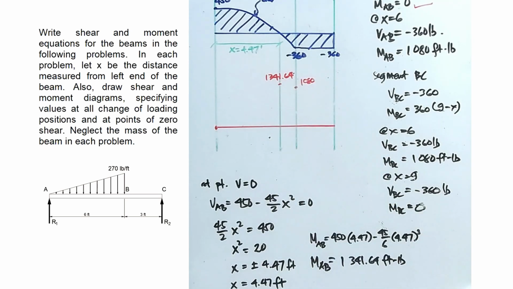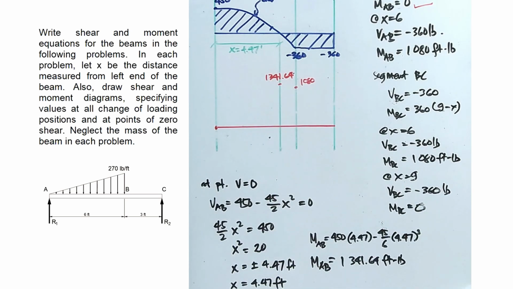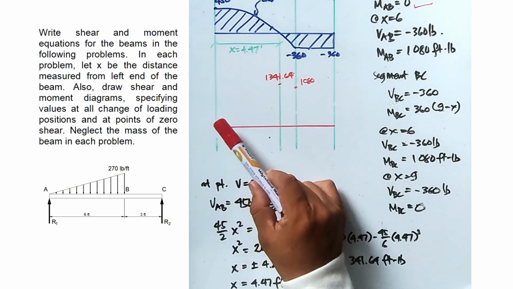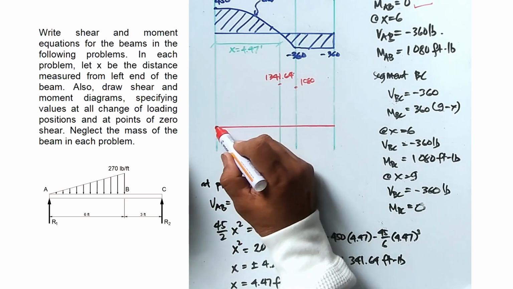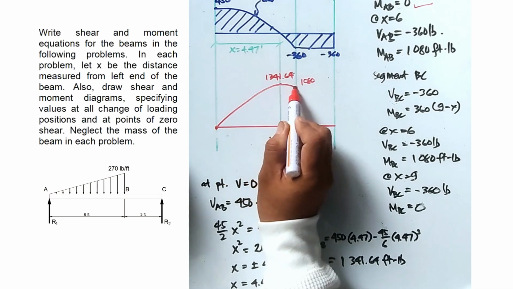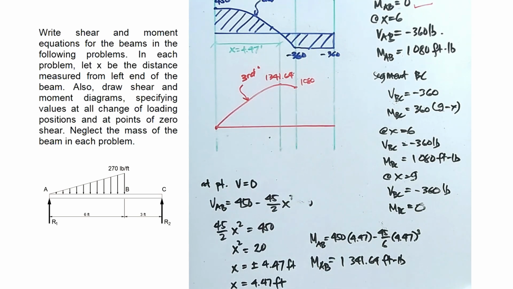So how are we going to connect this? It's a third degree function, so it's a curve that will connect these 3 points. Obviously, that curve will look like this. This is the third degree curve.